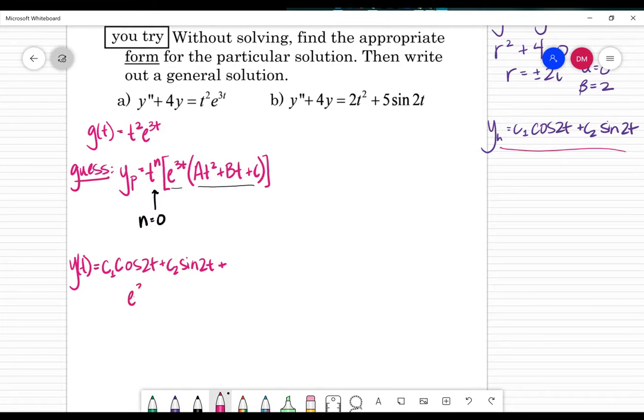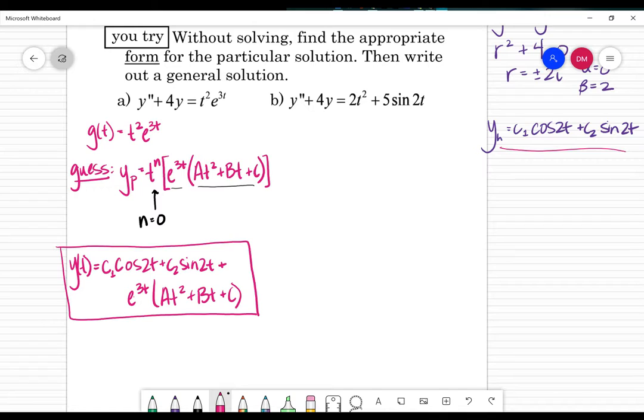So I'm just going to include this as e to the 3t times a t squared plus b t plus c. Now, if we were going through the whole process, we would obviously solve for A, B, and C like we did in the previous two examples. For this, I just want the form that we're using, and you'll have some practice problems in the assignment that are like that as well.